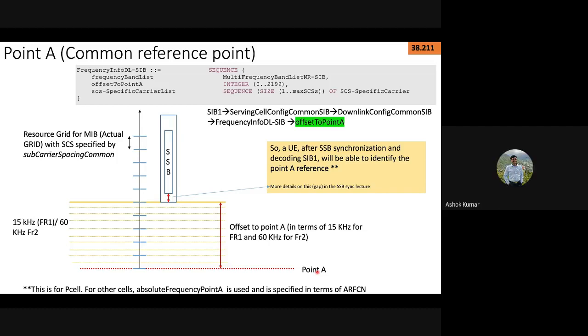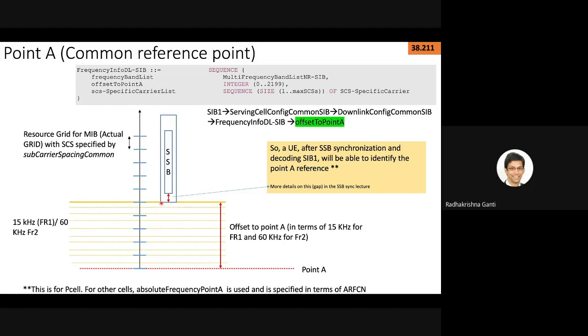In fact, in the specification, for a particular spectrum band and particular subcarrier spacing, where this SSB will start is actually given. When we do the SSB, I will tell you how it is synchronized to the raster and other things. For now, I just want to understand what point A is.